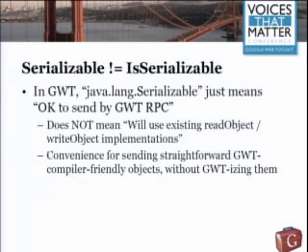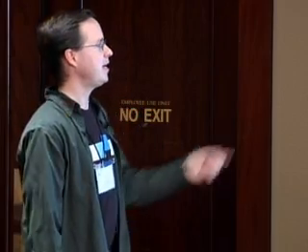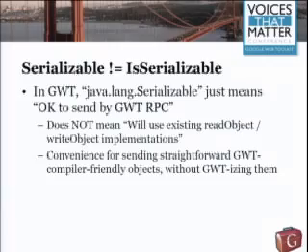So what they wound up doing in the 1.4 release is to say that rather than having to put this IsSerializable interface on everything you want to send, which was a pain, especially for most objects that are pretty simple, GWT has no problem. Now, java.lang.Serializable to GWT just means it's okay to send this. So the assumption is if something is serializable, the GWT compiler will try to use its normal encoding to put it on the wire.